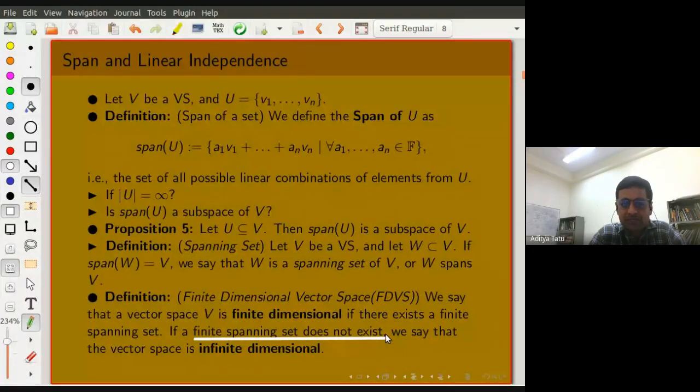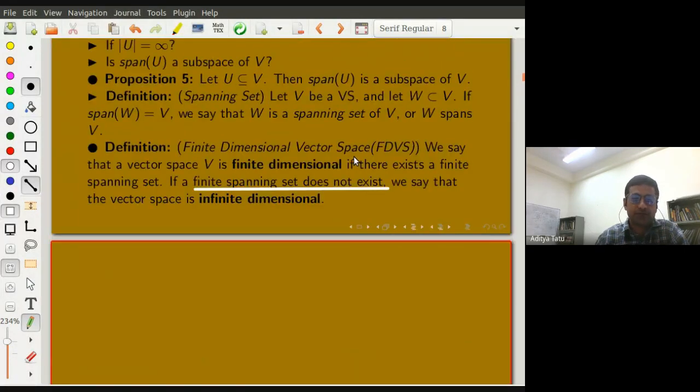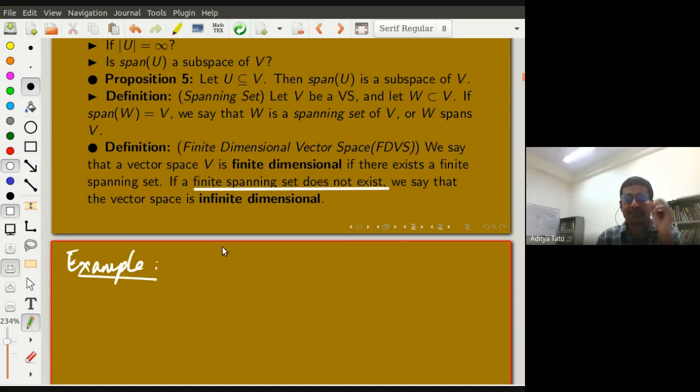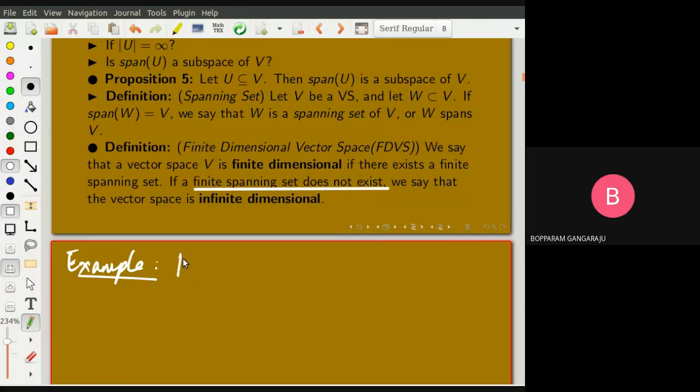So maybe can someone think of an example of a finite dimensional vector space and an example of an infinite dimensional vector space? Anyone? Column space of any matrix. That is a subspace, right? So in principle you're right, but what is the vector space there? R or Rn. Rn.